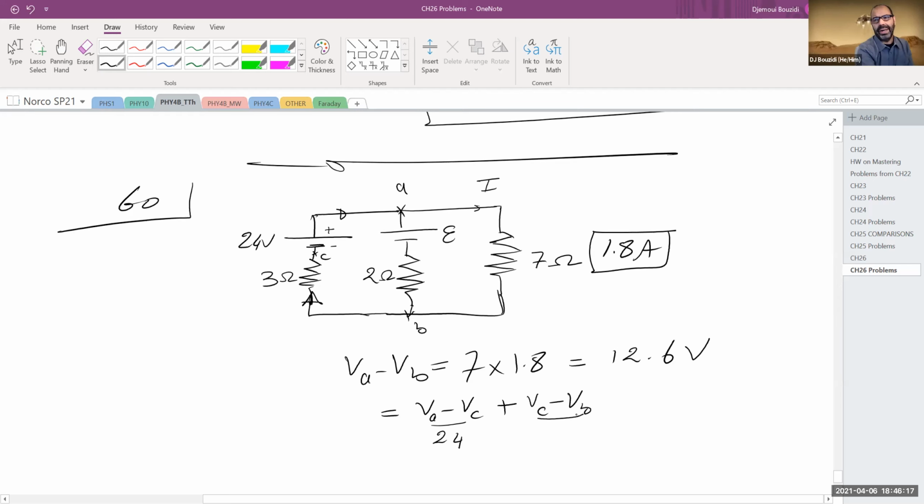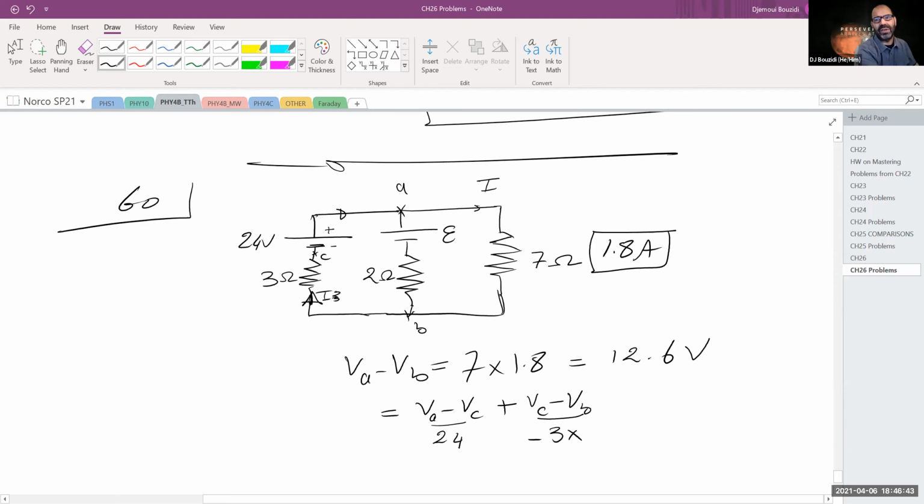And in here, since I have to compensate for it, the current must be up, so I'm going to be rising, since I chose the direction for this current to be this way. If it's not, then it's going to be a disaster, because how are we going to make 12.6 equal to 24 plus another positive number? So this better be a negative number, and it's exactly minus 3 times this current, which I'm going to call I3.